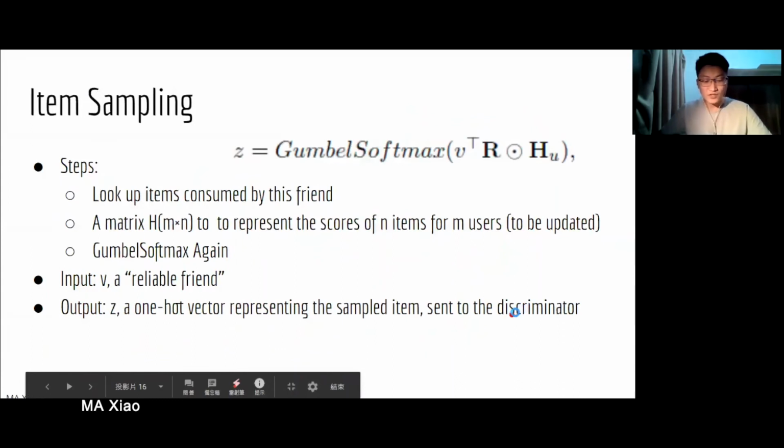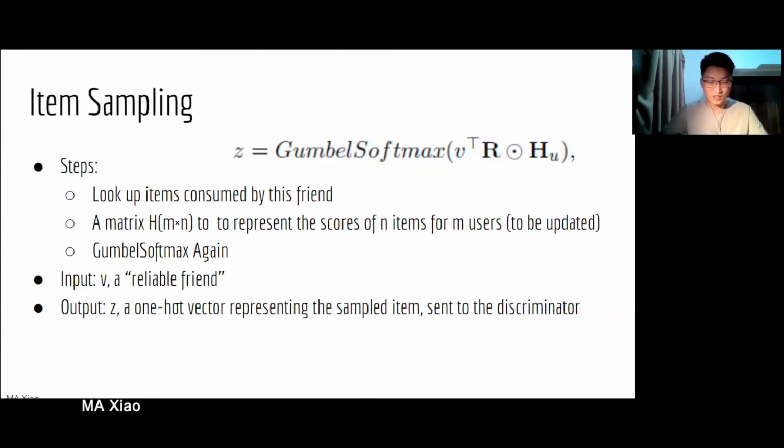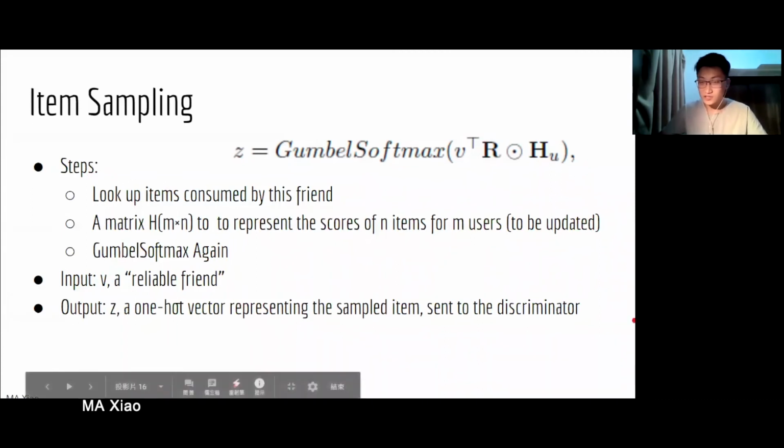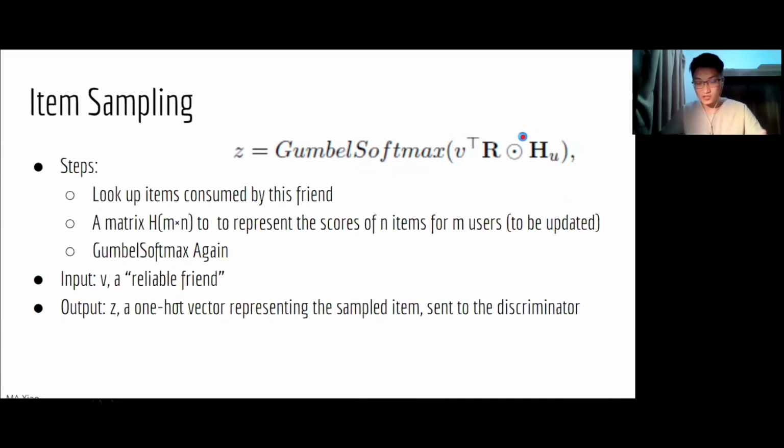Okay, after we sampled reliable friends, likewise, we will use Gumbel softmax again to sample the item consumed by this friend. However, the probability distribution of items is generated differently. Here, we use matrix H to represent the score of every item for each user, whose elements are uniformly initialized, and they are going to be updated during training.